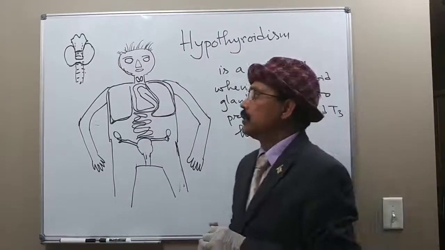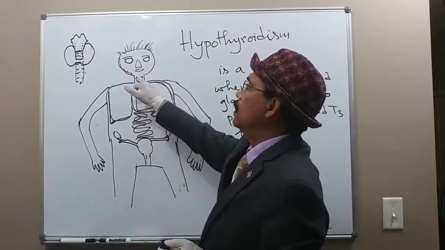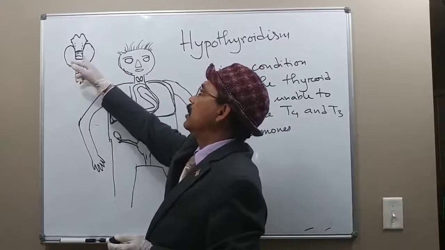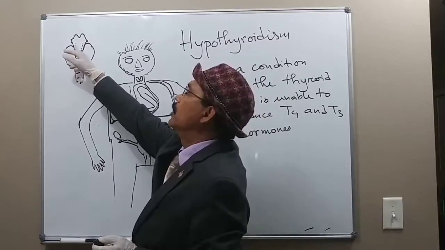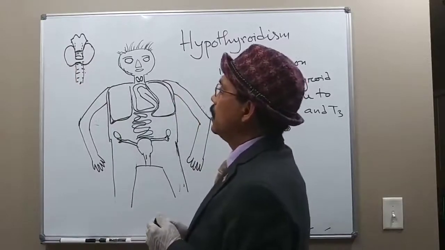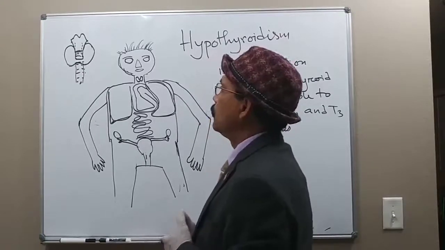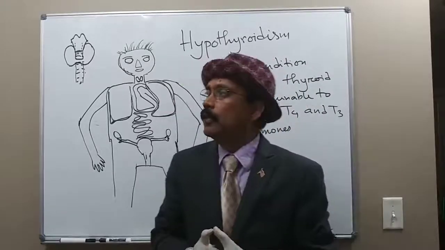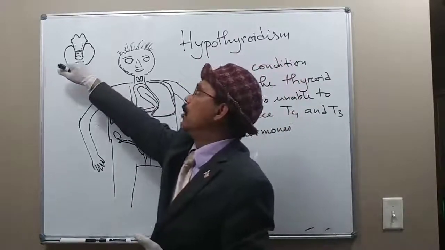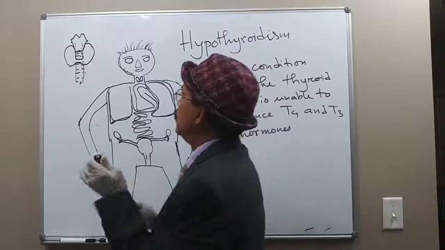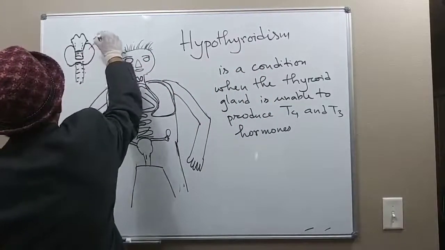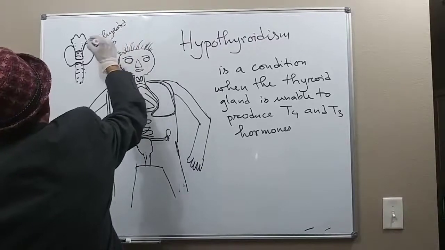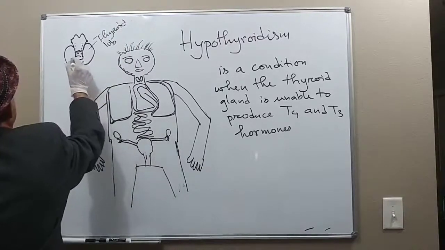The thyroid gland is located in the anterior aspect of the neck, in front of the trachea and overlapping part of the thyroid cartilage. Okay, so that is the location of the thyroid gland. There are two lobes connected by one isthmus. So this is our thyroid lobe, and this is the other lobe.